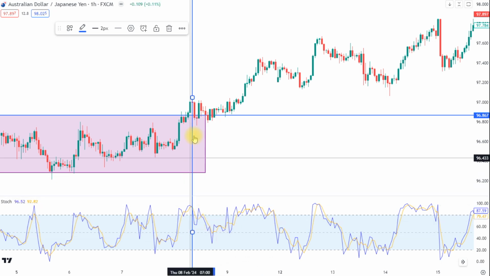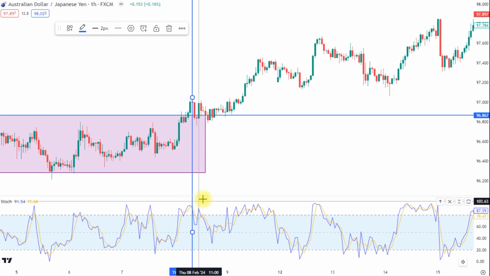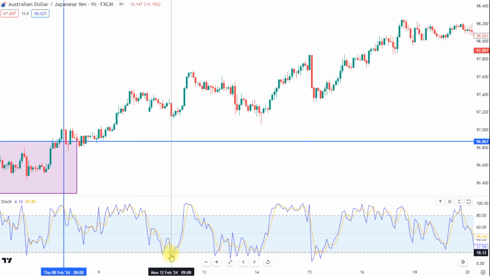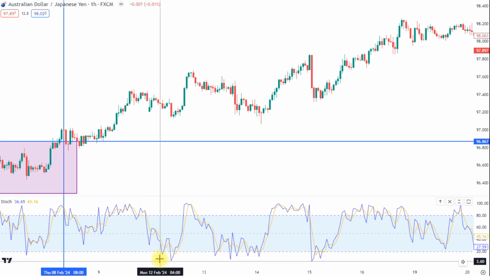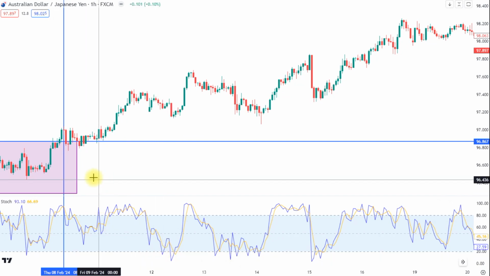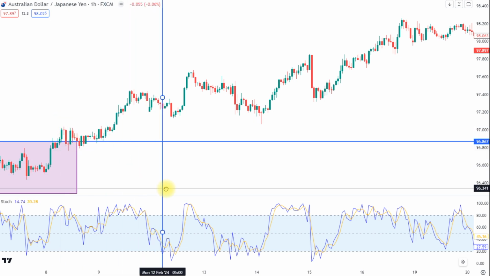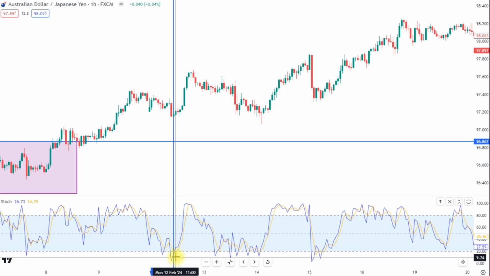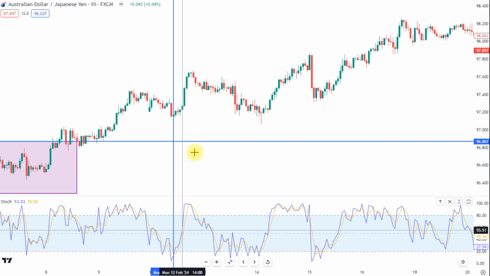So let's look after this area. Here there's no possibility, but then down here we see the market comes into the oversold situation, and then the blue line crosses the yellow one, and this is a beautiful point where we could enter a trade.